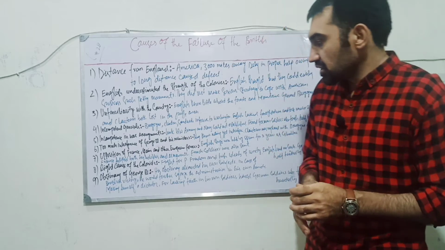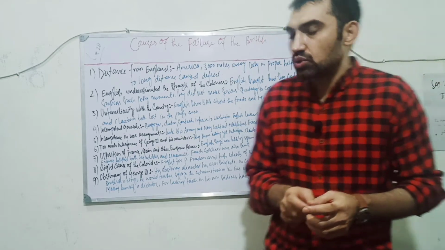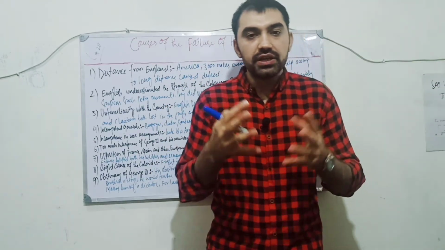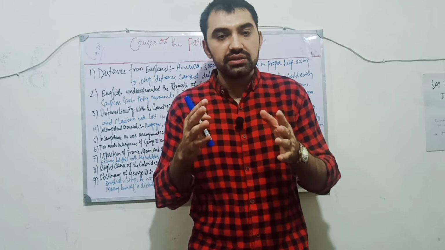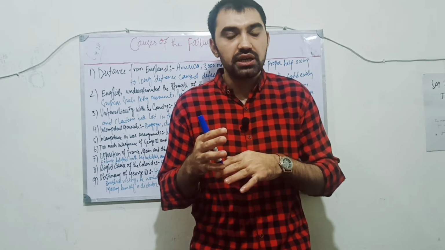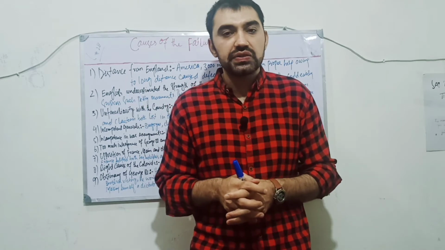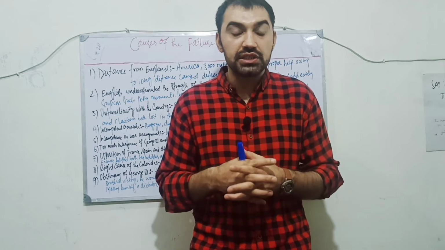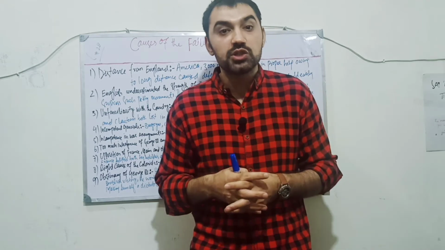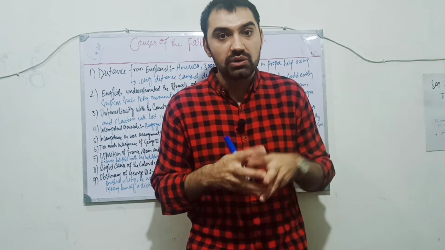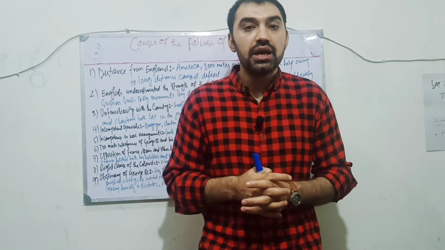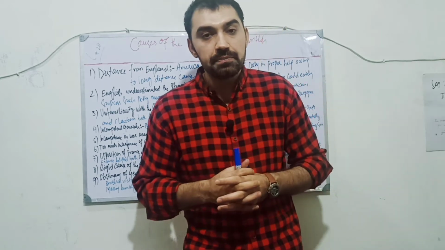Seventh is opposition of France, Spain, and other European powers. Definitely, France had to avenge her defeat because France was badly humiliated in the Seven Years' War. Similarly, Spain was also humiliated in some other wars that we talked about in detail in the previous lecture.